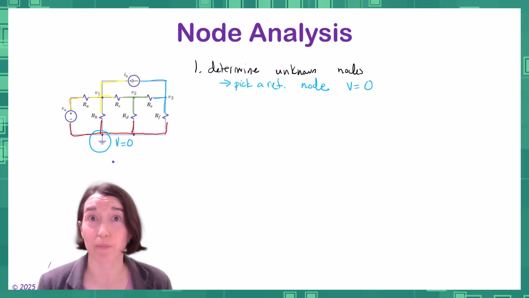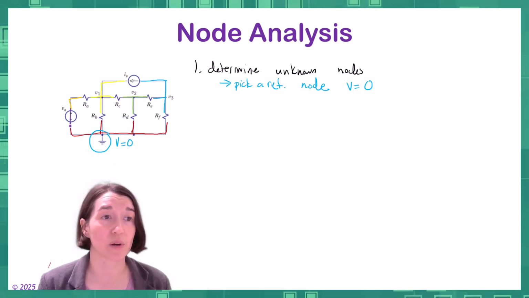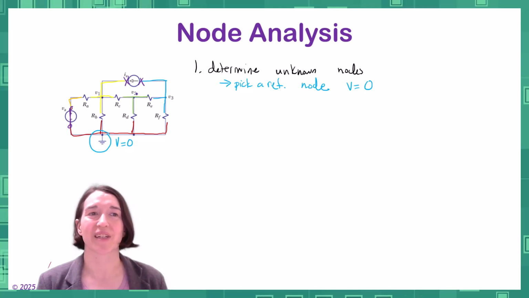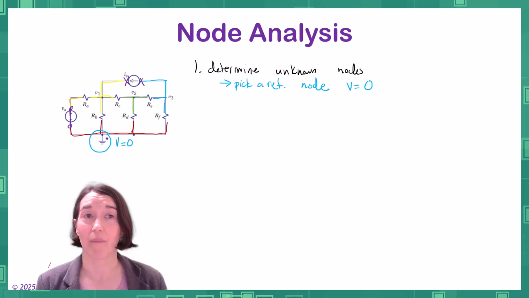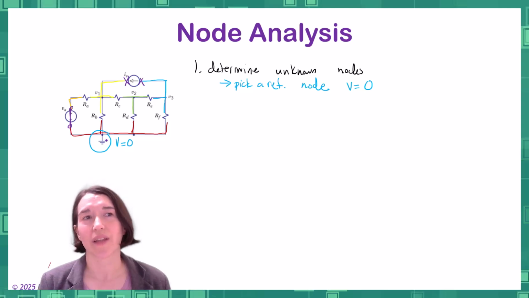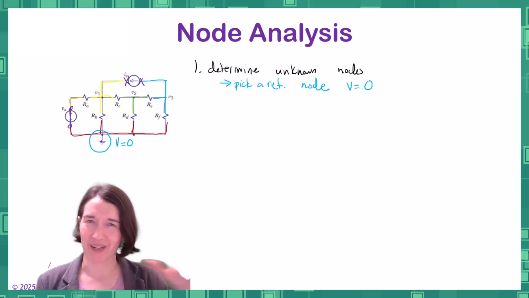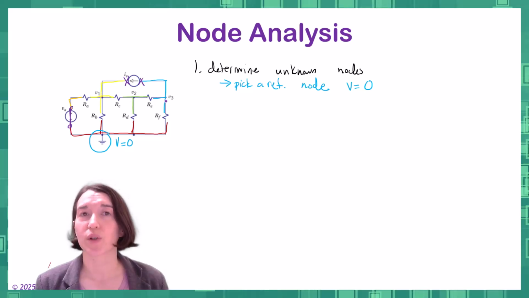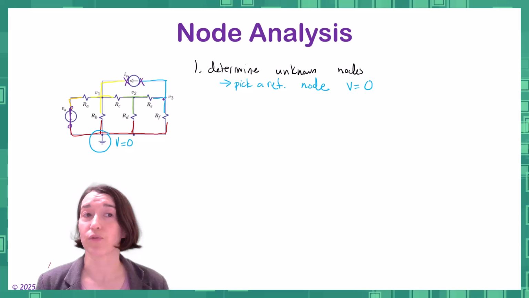If we were to suppress these sources, remember that this would become 0, so this becomes a short. Draw that in, and then this would become an open. I'm just going to draw X's, so nothing is conducting there. And then what we would do is count the resulting nodes, and this time you see that this orange one is now connected to 0. That would be a known one, so that kind of gets absorbed into that one for counting. What we're left with then are 3 nodes, the yellow, green, and the blue, which we can then name V1, V2, V3.